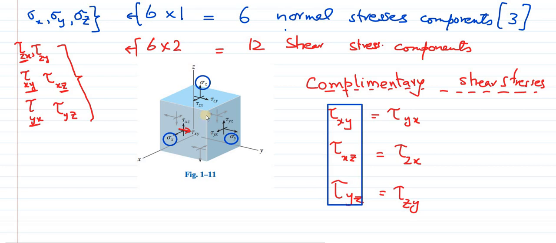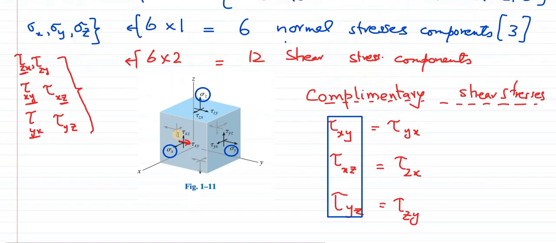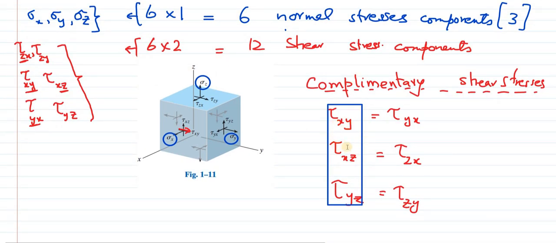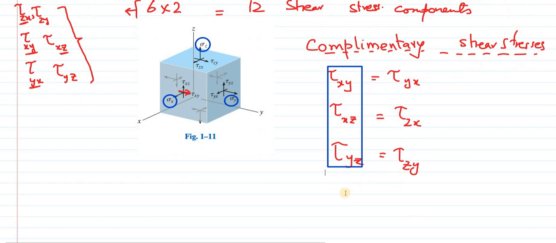This further reduces the problem, so that we need to know only three shear stress components, tau xy, tau xz, and tau yz, and the complete state of stress will become known.